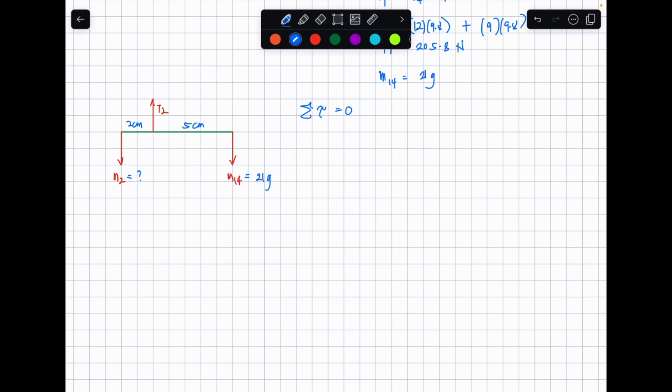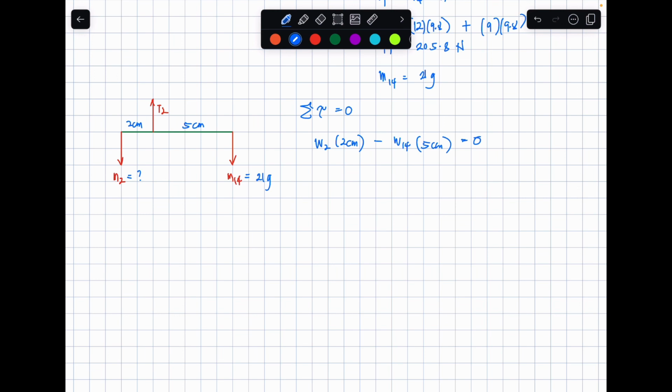In this case, it's just the weight 2 multiplied with 2 centimeters, minus the weight 14 multiplied with 5 centimeters, that would be equal to 0.